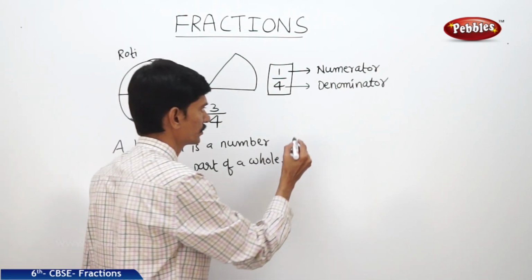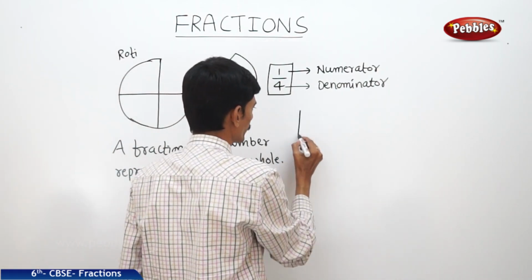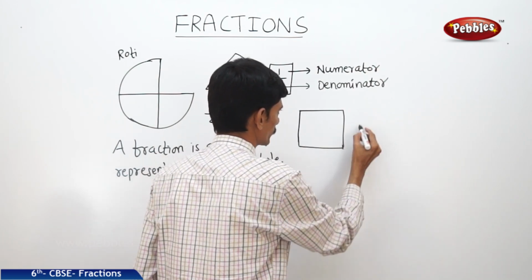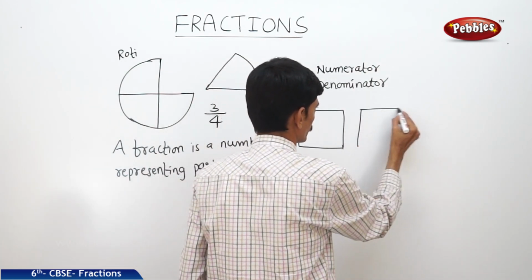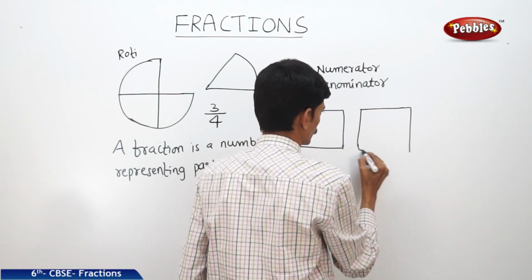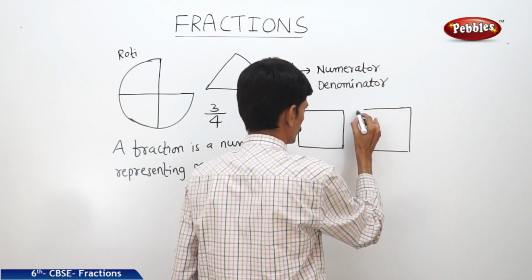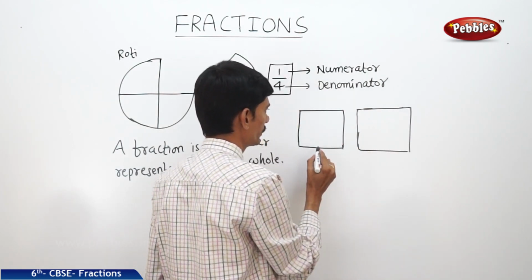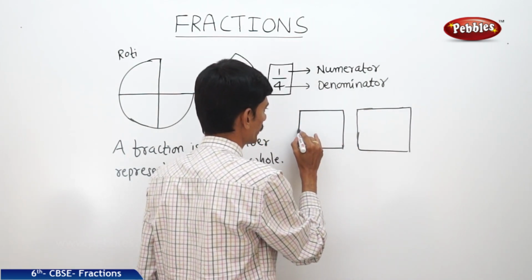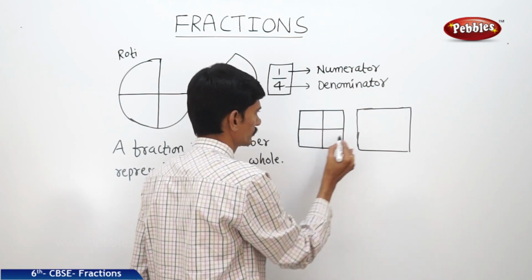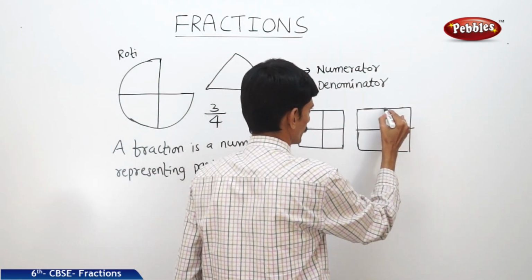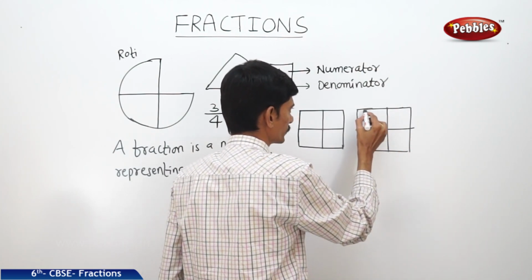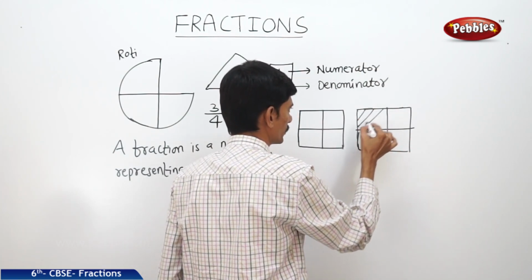Now if you take two squares of equal sizes, now divide each square into 4 equal parts. And shade one part of the second square.